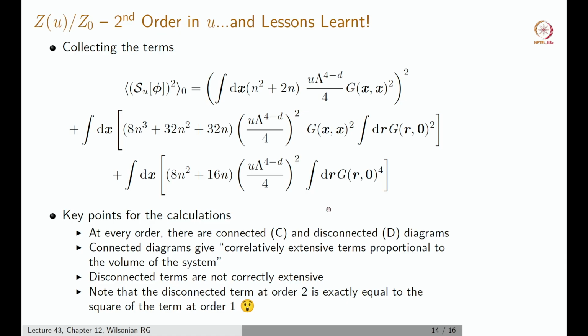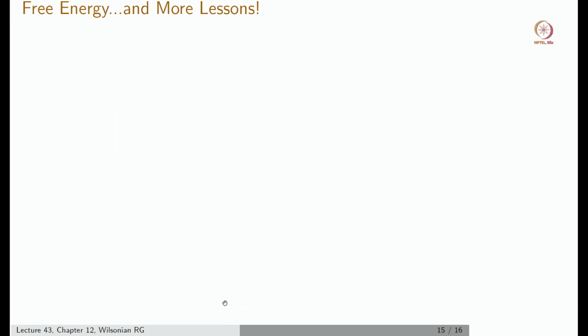The most interesting result is that the disconnected diagram of order 2 is exactly the square of the connected diagram of order 1. This is not magic, it happens for a reason. To understand the significance of all this, we need to look at the free energy.